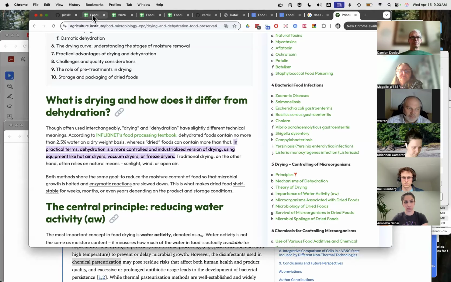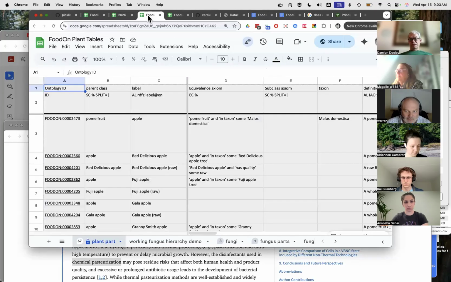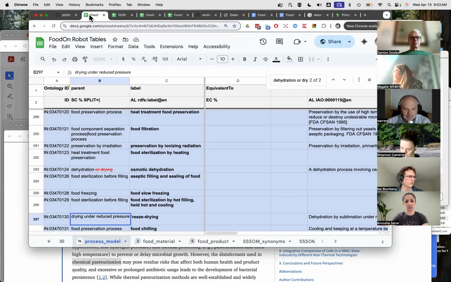Okay, so FoodOn has these plant table and animal table and general FoodOn curation robot tables. And so, of course, plants, plant template, animal template plus seafood.